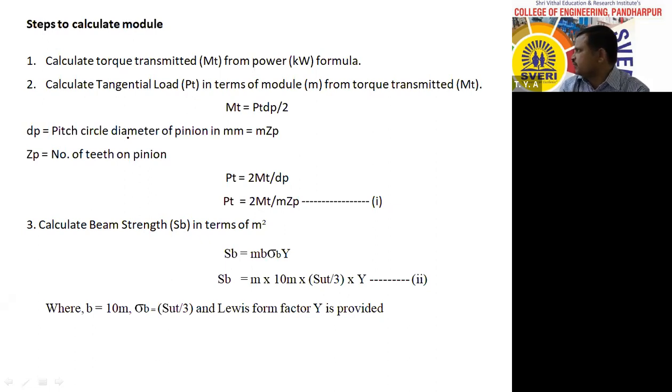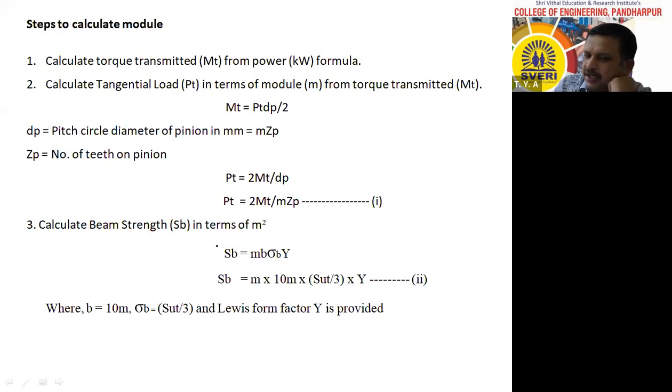M is the module, Zp is the number of teeth on pinion. Therefore, PT is equal to 2MT divided by M into Zp.